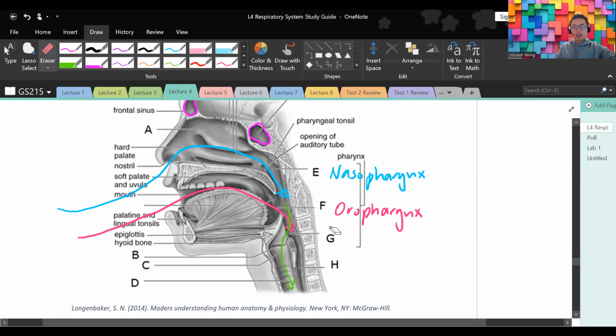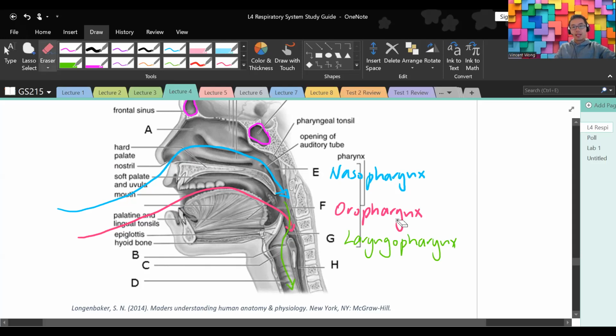And to go into that, you're going to go through another opening called the laryngeal pharynx. So air goes through the nasal pharynx into the pharynx, out of the laryngeal pharynx, and into your trachea.